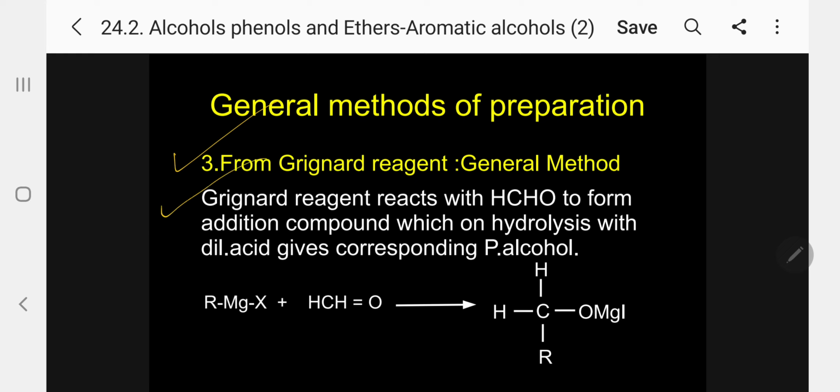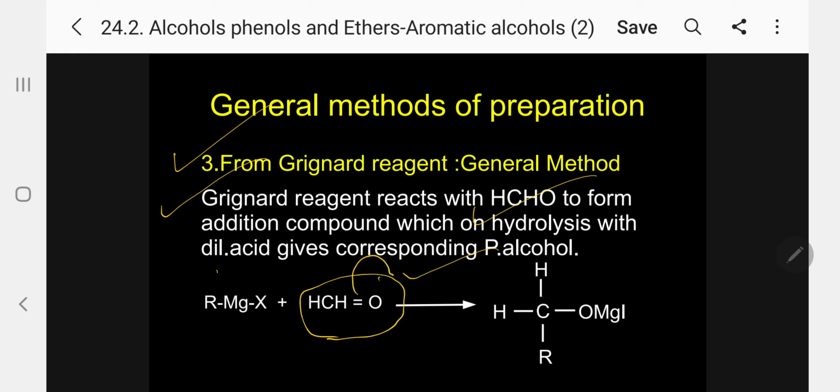Grignard reagent reacts with formaldehyde to form an addition compound which on hydrolysis with dilute acid gives the corresponding primary alcohol. So when you use formaldehyde, kindly follow how it is happening.